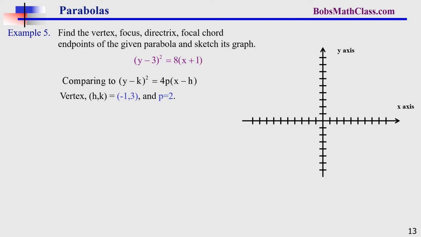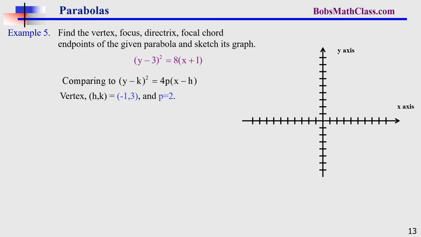The x goes first, y goes second. And then our value of p, well, we always set 4p equal to the number in front of the parentheses on the right-hand side. So 4p equals 8. Therefore, p equals 2.